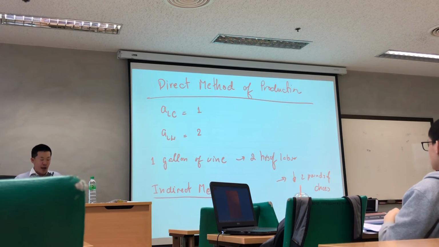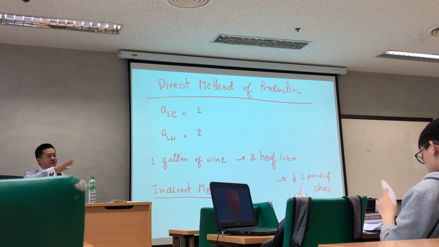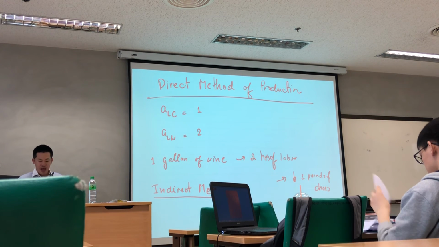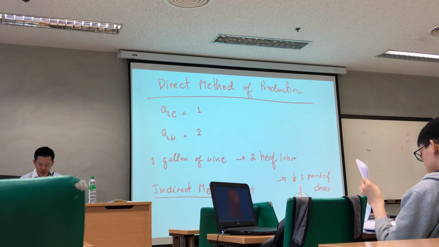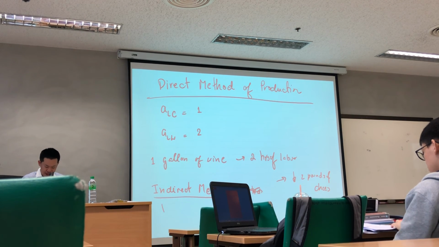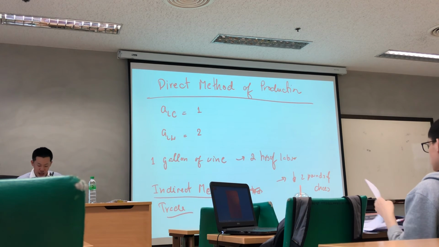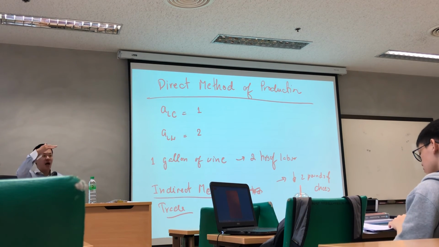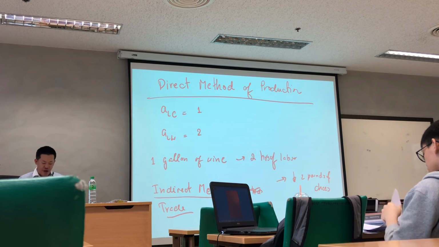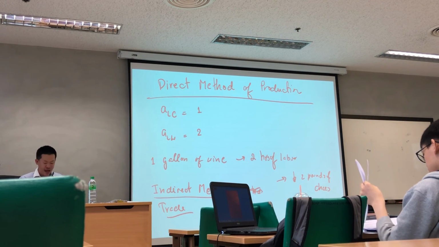If trade, ALC over ALW is 1 over 2, right?